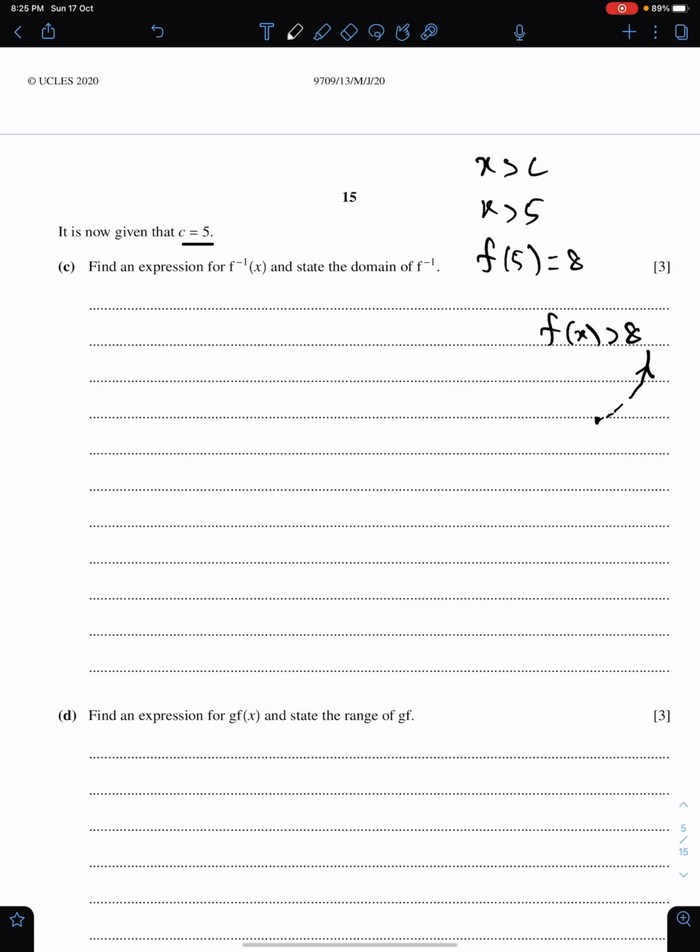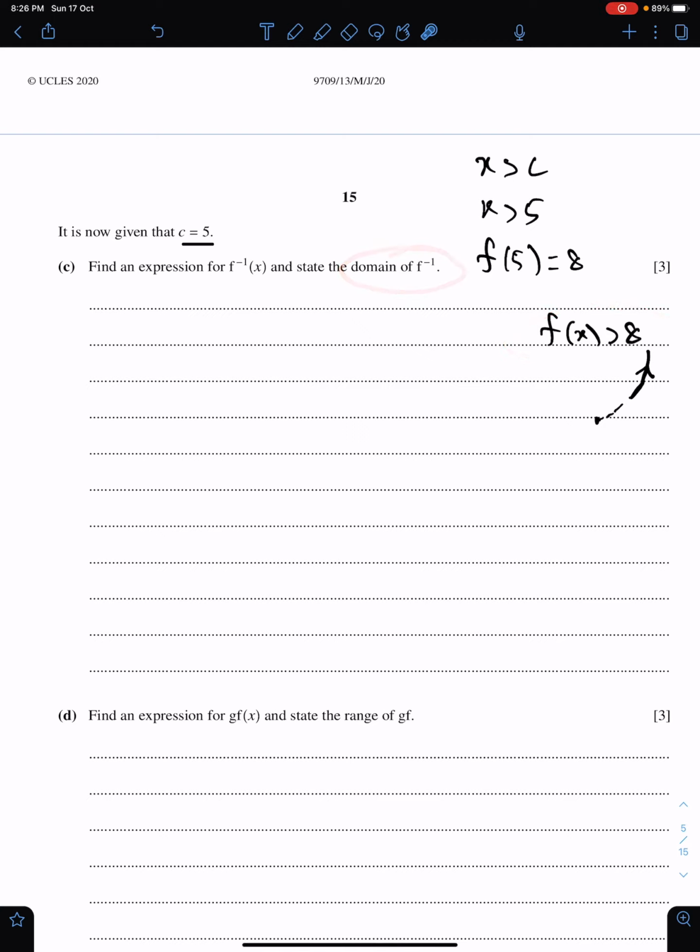F is increasing. Since f is increasing, that is why we have the greater sign here. And this range will help us to write the domain of f inverse. So whenever they ask to state the domain of f inverse, first find the range of f and then convert this into the domain of f inverse.